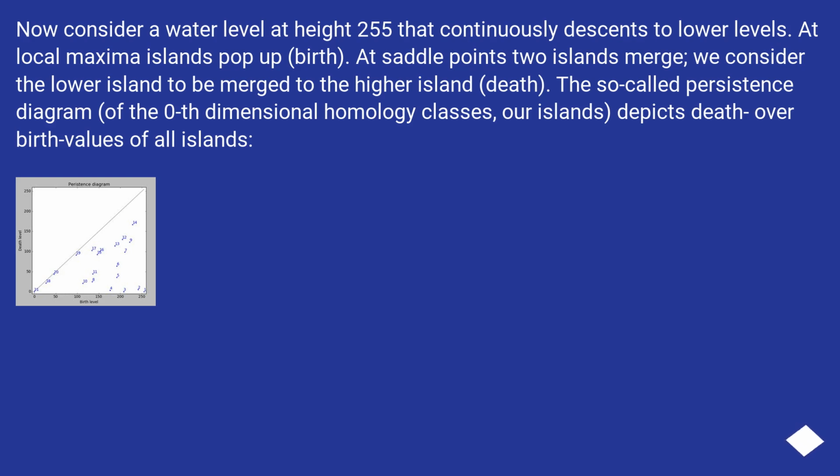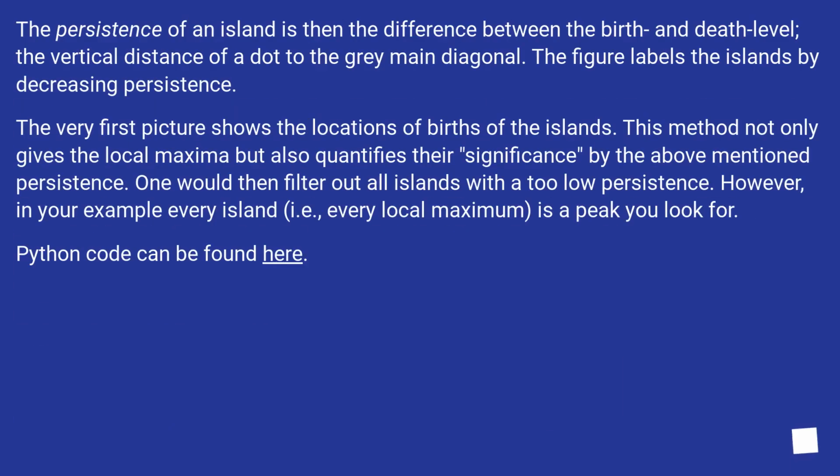The so-called persistence diagram of the 0th dimensional homology classes, our islands, depicts death over birth values of all islands. The persistence of an island is then the difference between the birth and death level, the vertical distance of a dot to the gray main diagonal. The figure labels the islands by decreasing persistence.